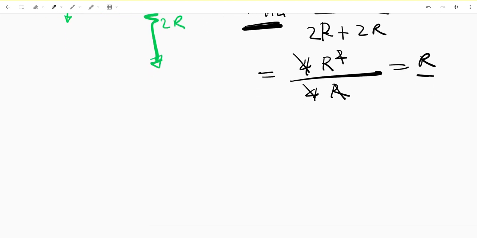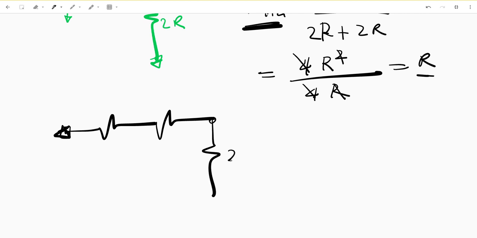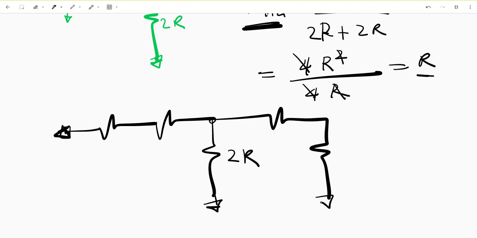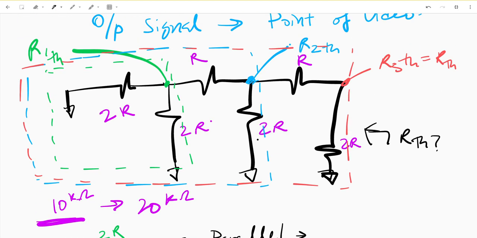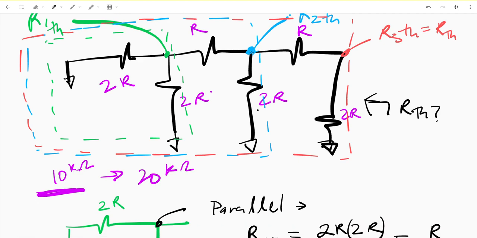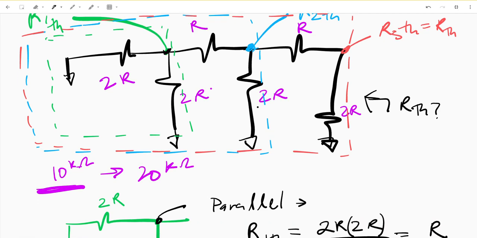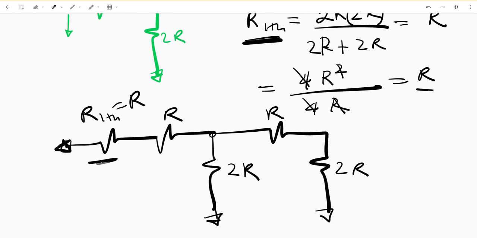So the equivalent circuit now is this resistor, another resistor, and 2R, where I'll draw the rest of it: 2R, this is R, this is R, this is R1TH, which is also equal to R. So essentially, as you can see, we've gone from here, and now R1TH, which is the point there, has been simplified to just this resistor.